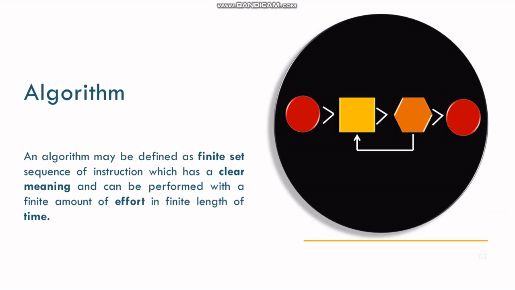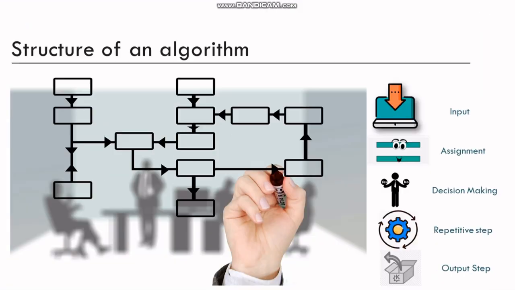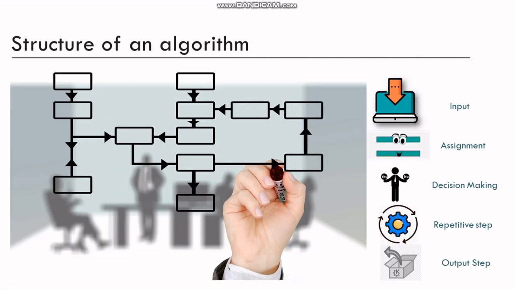Algorithm. An algorithm may be defined as a finite sequence of instructions which has a clear meaning and can be performed with a finite amount of effort in a finite length of time. Starting with an algorithm, we need to understand the structure of an algorithm.